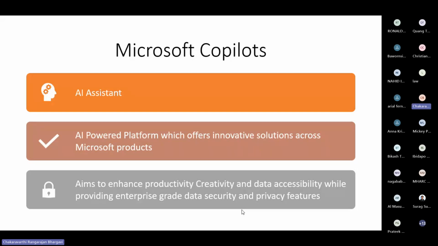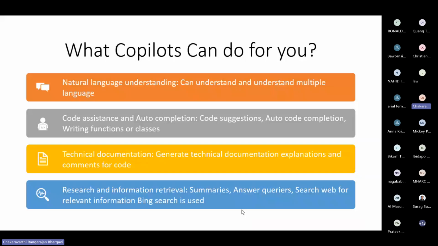And there are different kinds of things that the Microsoft Copilot can do for you. One is natural language understanding. It can understand multiple languages, and it would be there for translations or any kind of assistance.